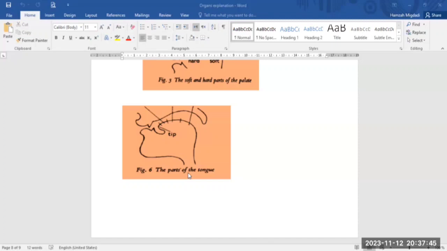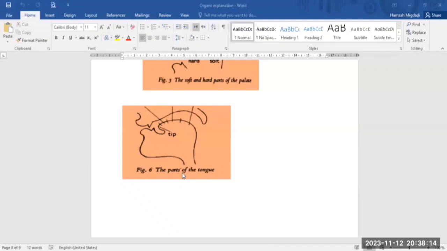Now, what are the sounds that we can make with the front part of the tongue? Like E, like met. And A, like car.